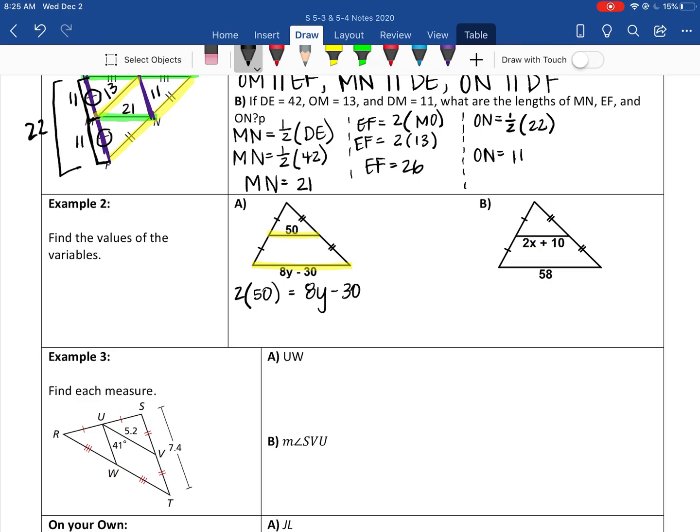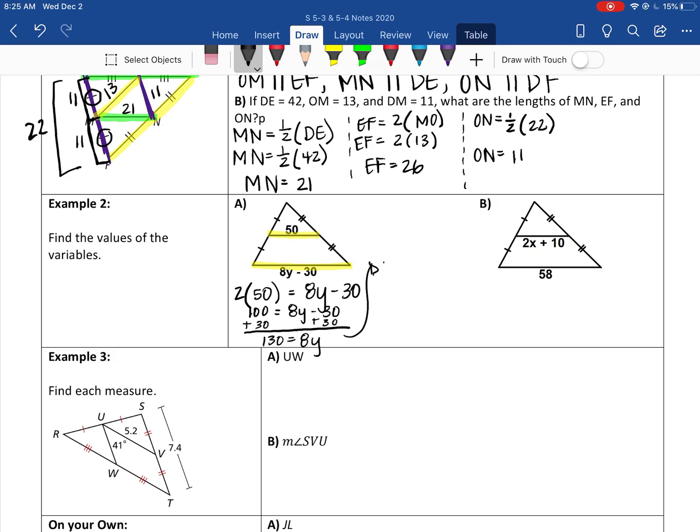And then we just solve. 2 times 50 is 100. That's equal to 8y minus 30. Add your 30 to both sides. You get 130 is equal to 8y.